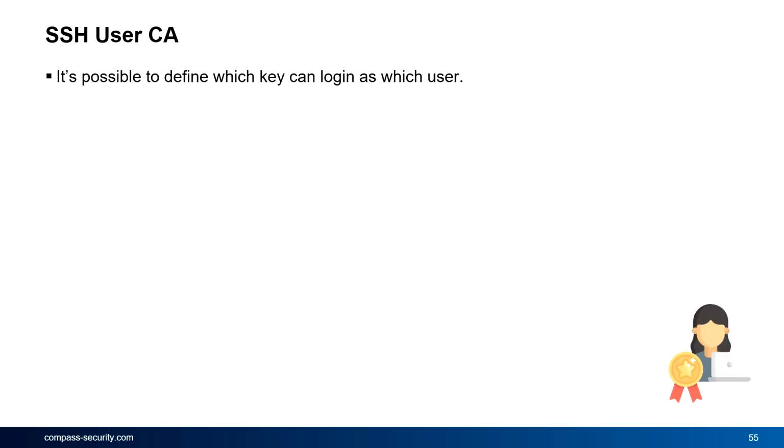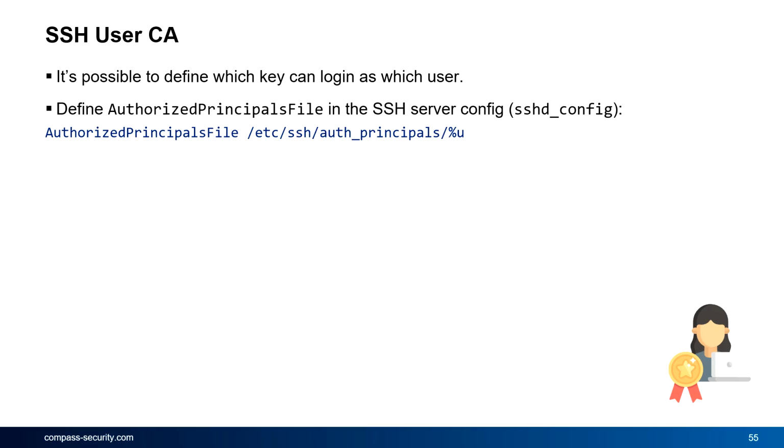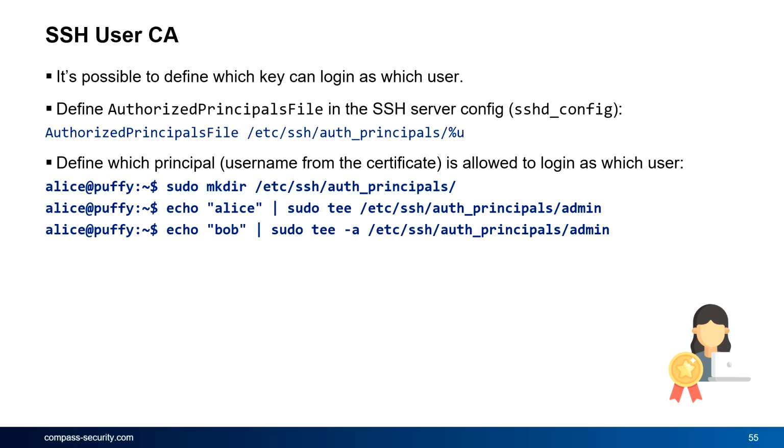It's also possible to define which key can log in as which user, so you don't just specify which users are allowed to authenticate using certificates, but you also specify as whom they are allowed to log in. For this, you can also use the AuthorizedPrincipalsFile option, but you specify %u in the path, so this is the authenticating username. Then you define which usernames from the certificate are allowed to log in as which user.